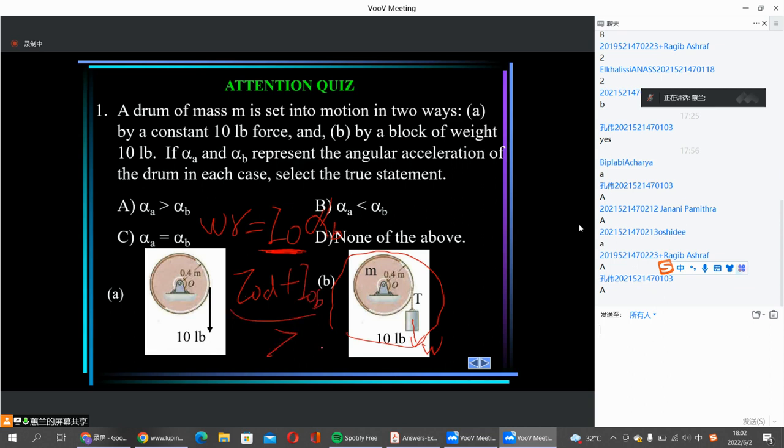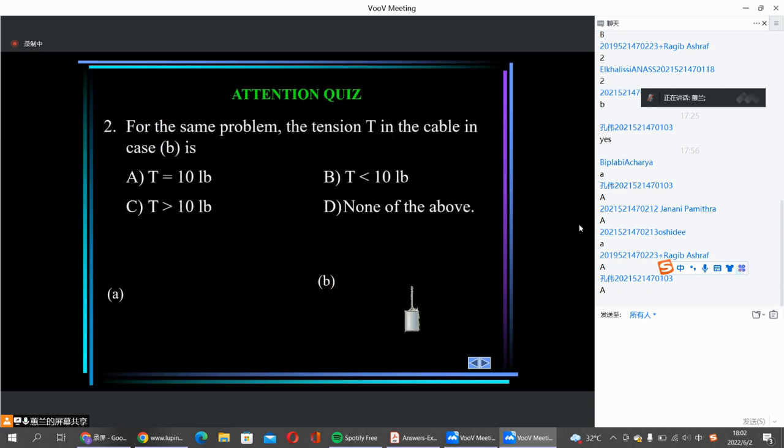It will be larger than the disk, right? So this one we can also know is B.